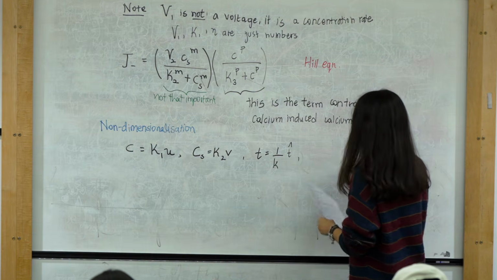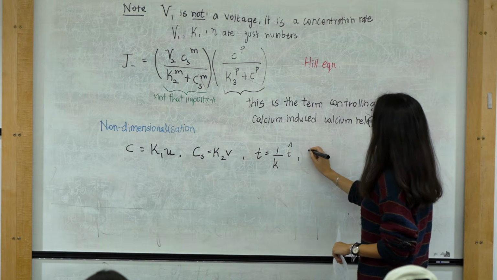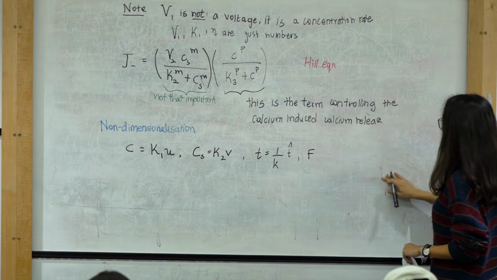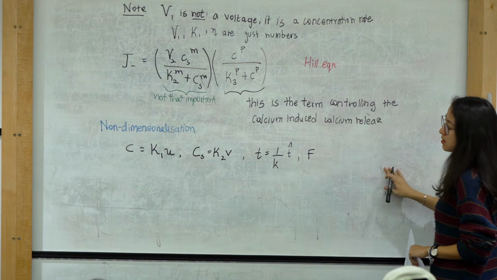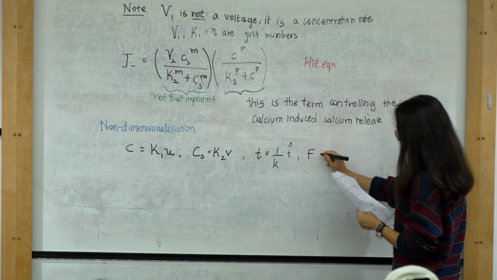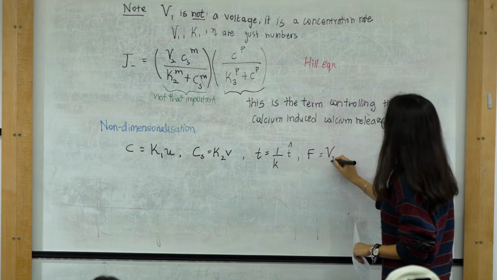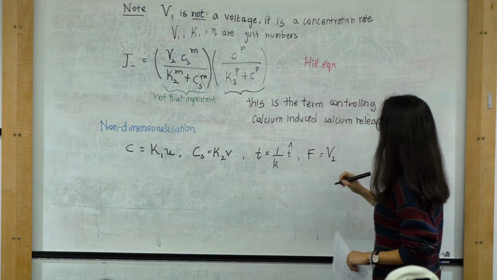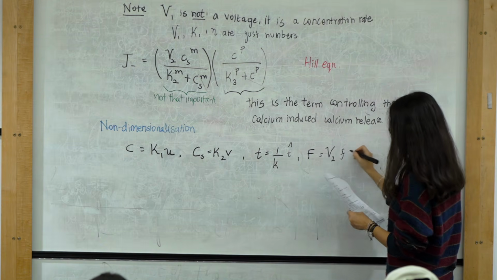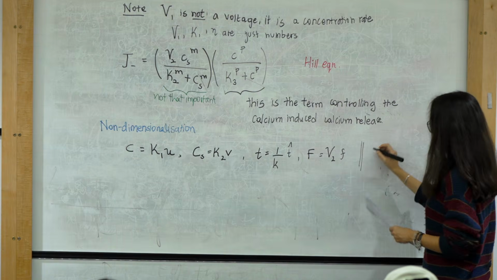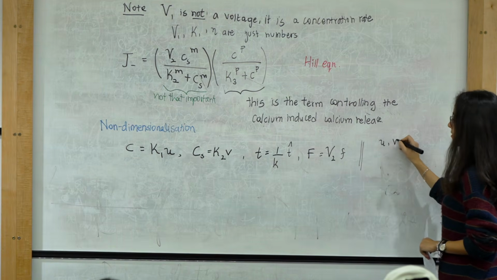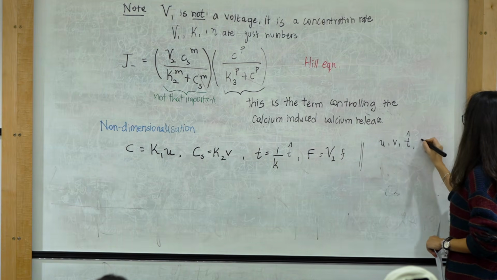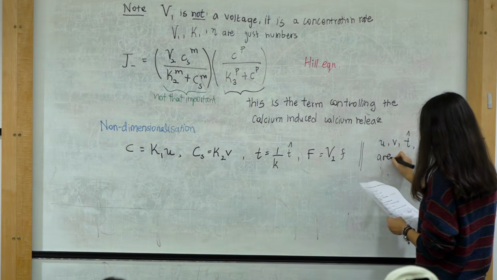And finally, I also have to non-dimensionalize the F, which is those active releases and uptakes. For this one, I'm going to use V2, the V2 from the J minus F. So note that the U, the V, the T hat, and the F are the dimensionless variables.